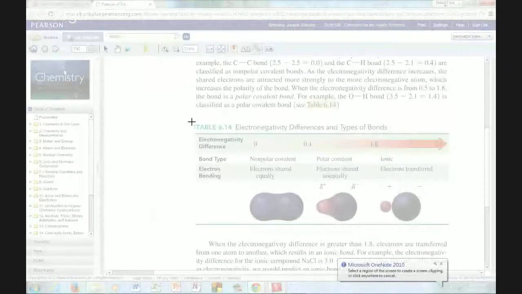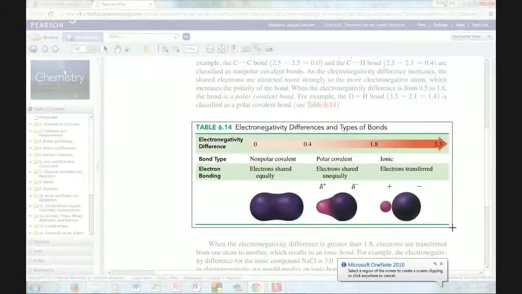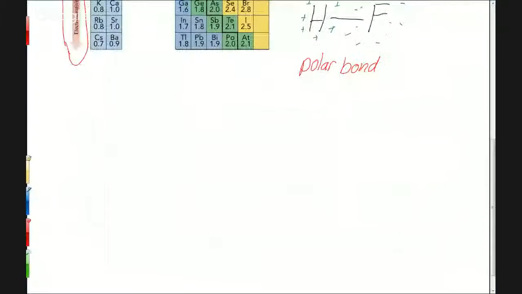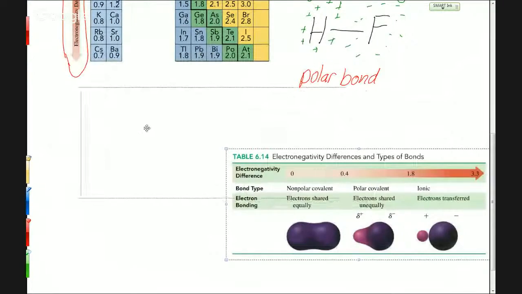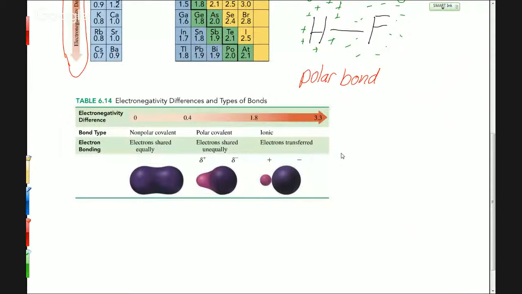I don't know if you want to check that out, but you see here, depending on how big the difference in the electronegativity between the two atoms is, if there's no difference, that's purely nonpolar, and the electrons are shared equally, kind of like this.